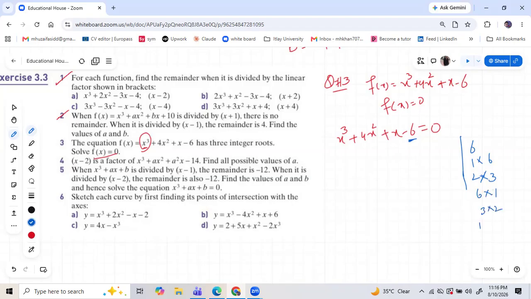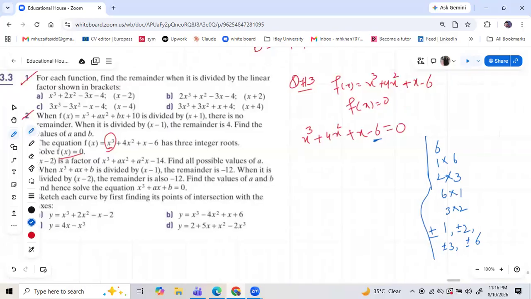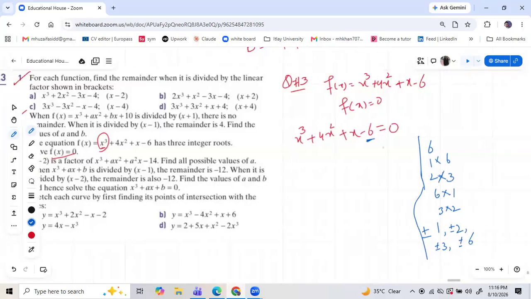So in general I'm writing plus minus 1 is a root, plus minus 2 is also a root, plus minus 3 is also a root, and plus minus 6 is also a root. So I'm finding the possible roots of this equation, and here I'm checking which root is suitable.